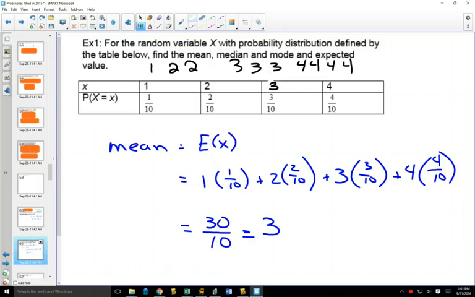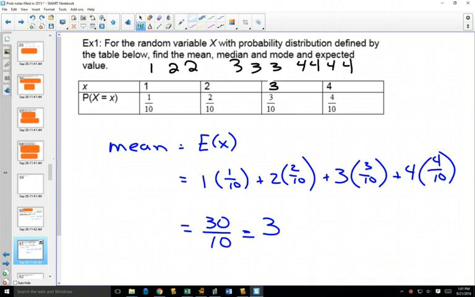Good. Your chance of getting a 1 is 1 out of 10. If you pick 1 at random, your chance of getting a 2 is 2 out of 10. 3 is 3 out of 10, and 4 is 4 out of 10. Okay? If you wanted to find the average of those, if those were your last 10 test scores, you got 1% once, 2% twice, and so on.